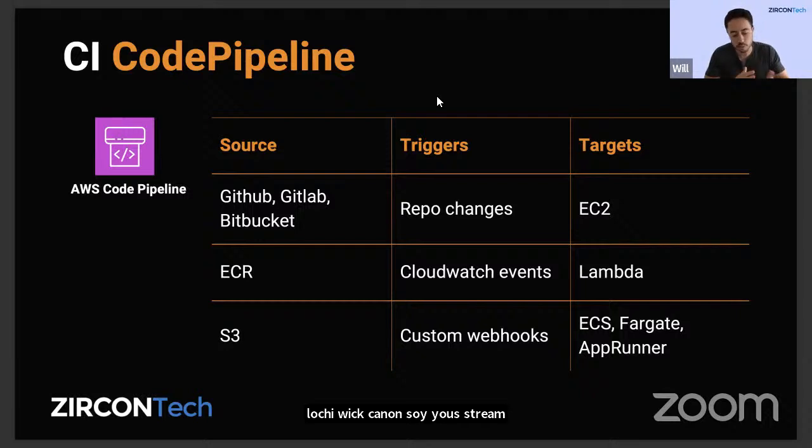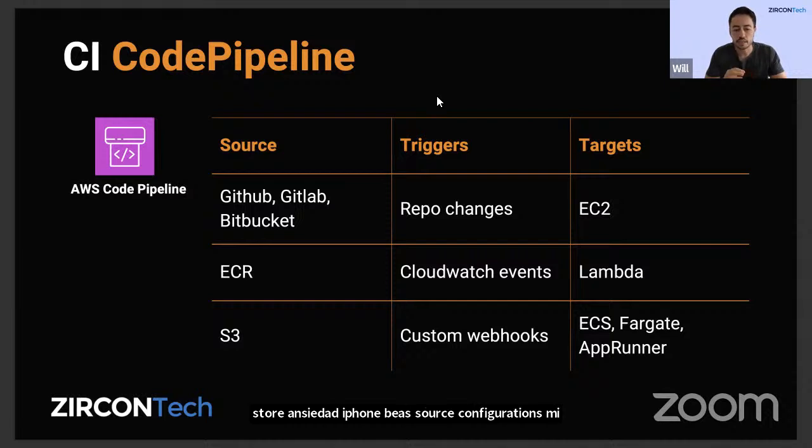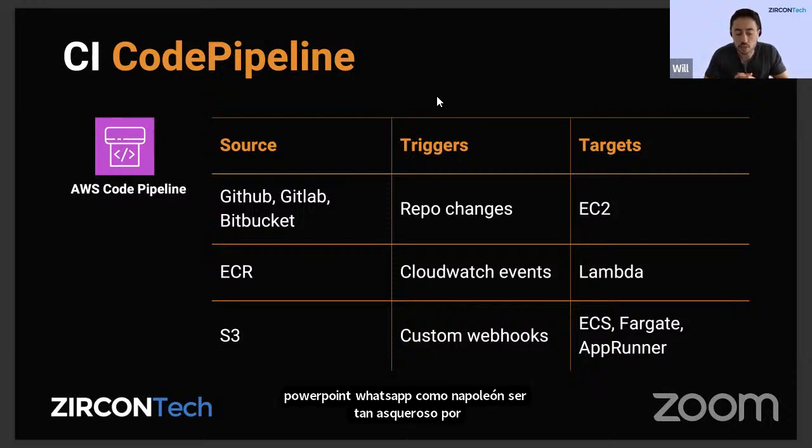And aside from these source configurations, we can also decide how to trigger our builds. It doesn't need to be every time we push a change to our repo, which is the common approach. We can also use other options like CloudWatch events to trigger builds on a certain schedule or when an external event happens by using custom webhooks.